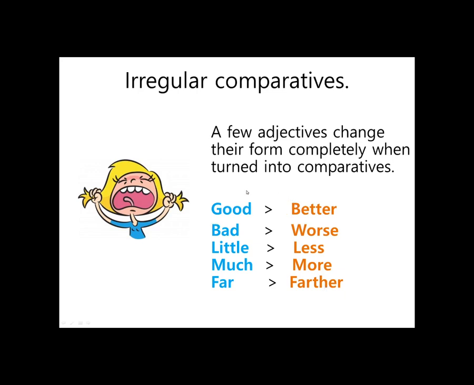Okay, these you just have to remember. They are some of the ones that do not fit the rules. Okay, we won't practice these today, but just remember these ones do not fit the rules I will teach you today.